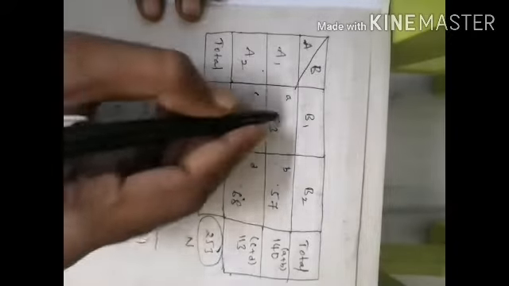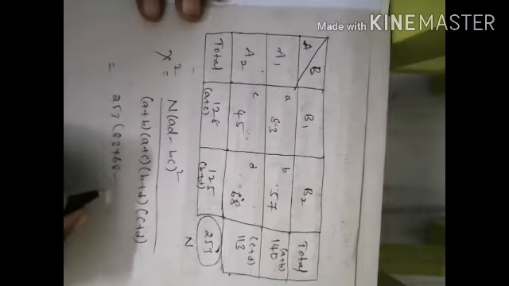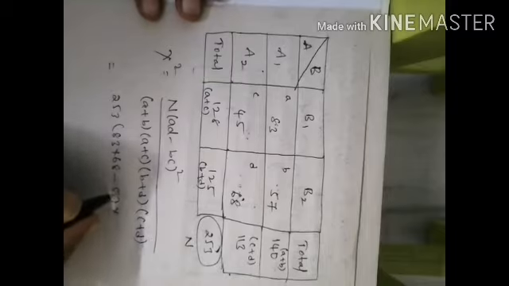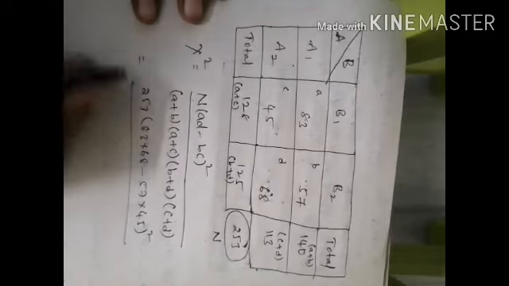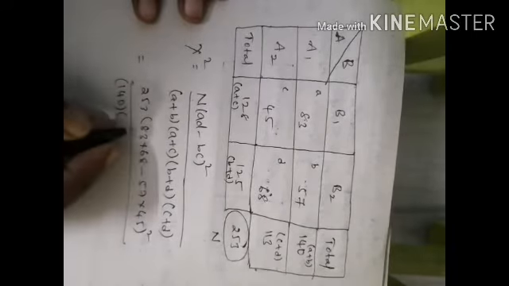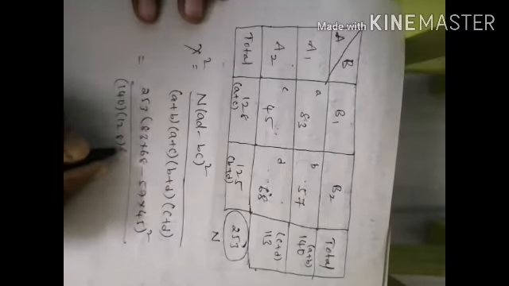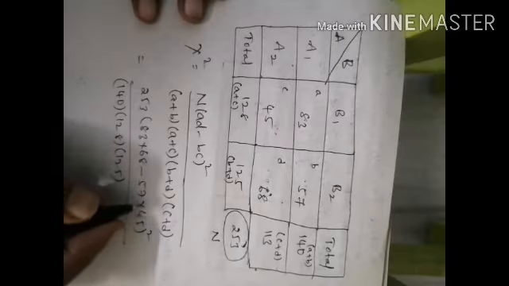N is 253, AD means 83 into 68 minus BC 57 into 45 whole square, divided by A plus B is 140, A plus C is 128, B plus D is 125 and C plus D is 113.